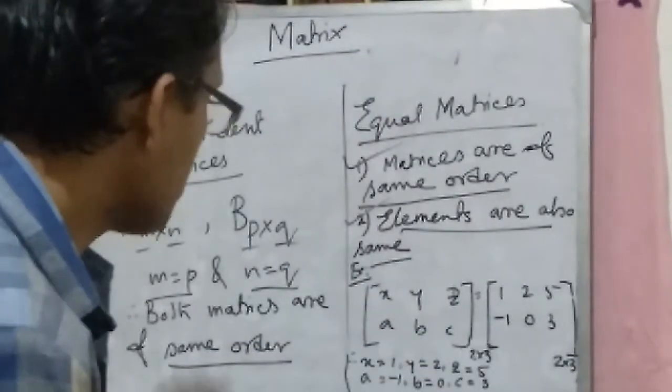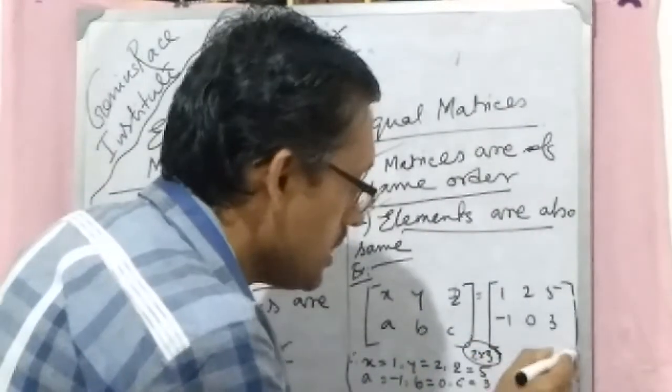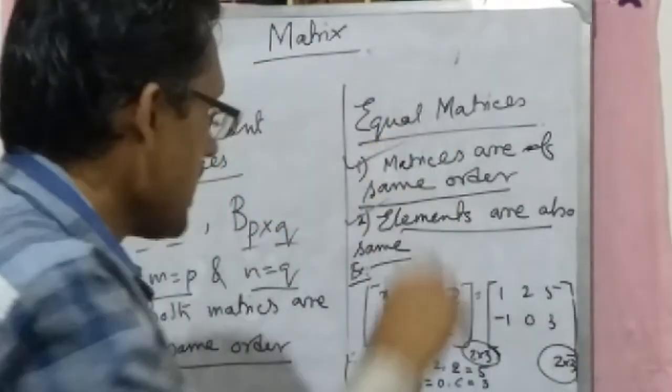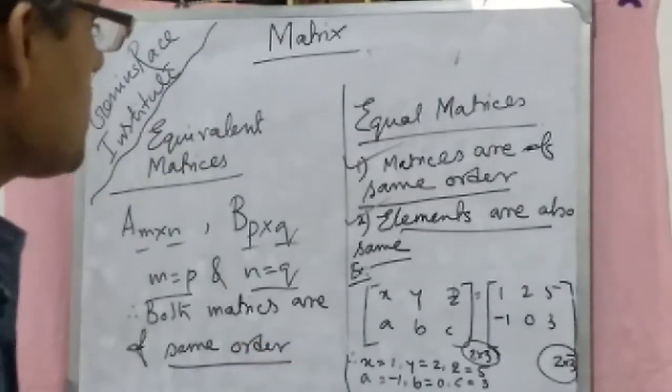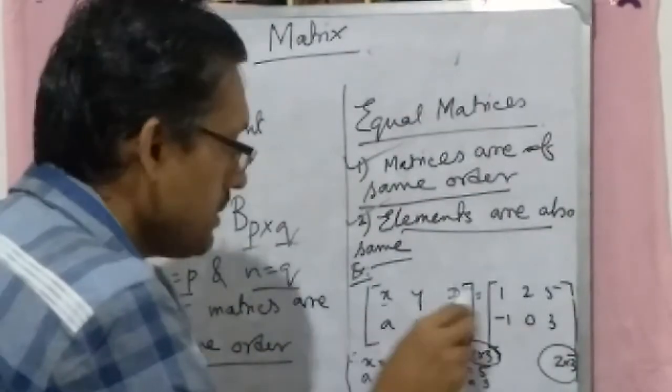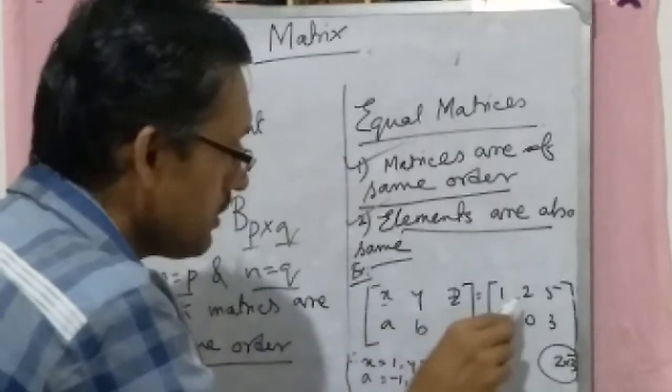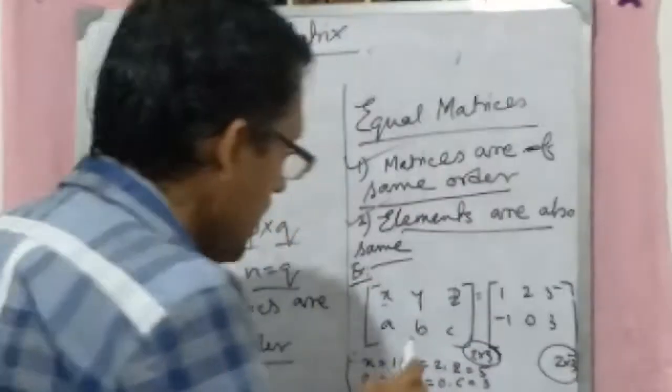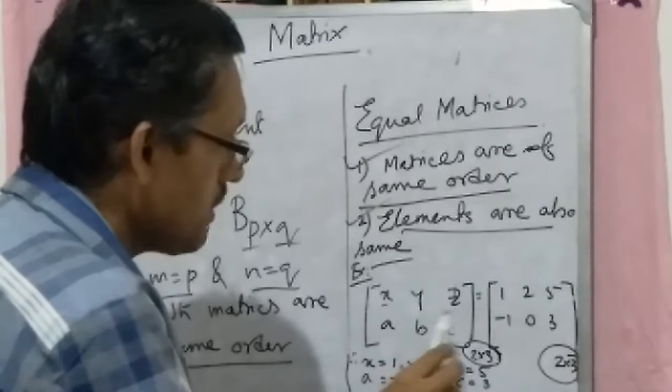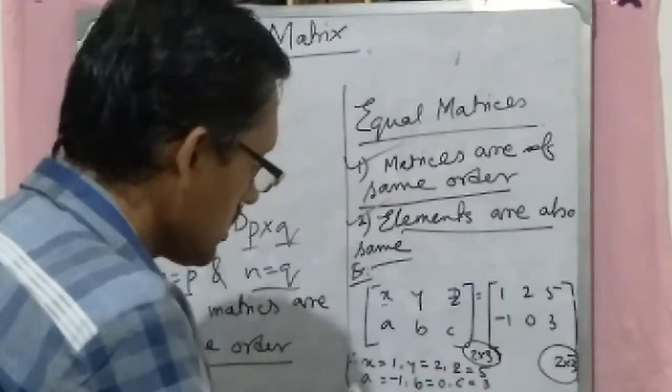Both have the same order, so our first criterion is matched. Now the elements must be the same, meaning x will be equal to 1, y will be equal to 2, z will be equal to 5, a will be equal to -1, b will be equal to 0, c will be equal to 3. So this is the answer.